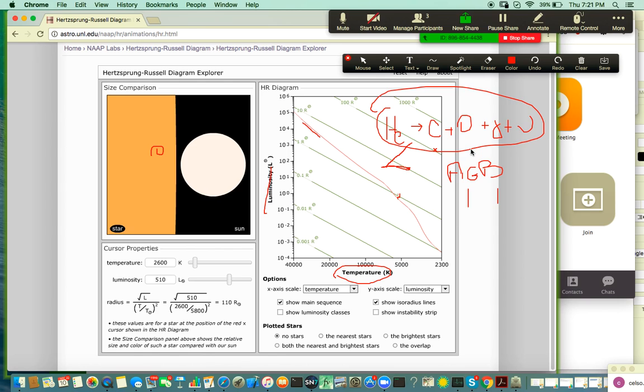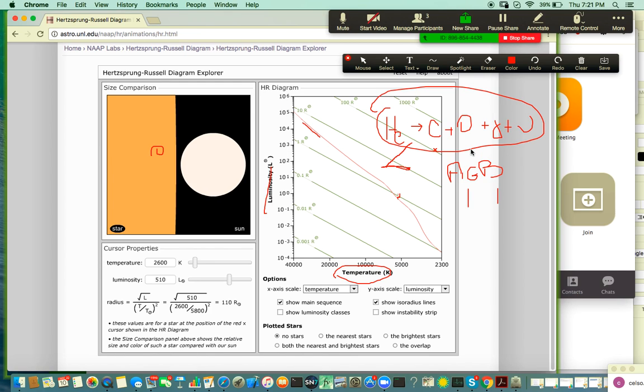So the core will be a core of carbon and oxygen alone. And then what happens? Well, for a low mass star, this is doomsday. There is not enough pressure from the star to ignite further fusion reactions of carbon and oxygen. And as a result, the star ends its life at that moment.